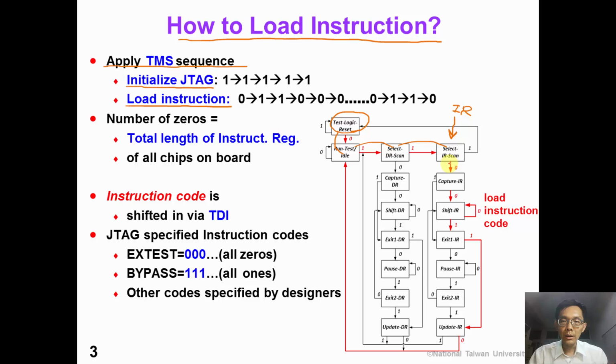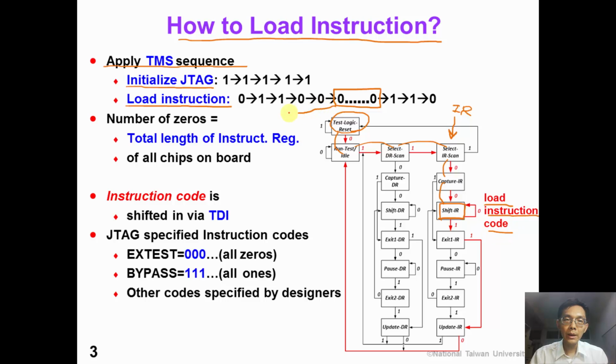Then we apply 2 zeros. At this time, we are now at the shift IR state. In this state, we are able to shift in the instruction register and load our instruction code.